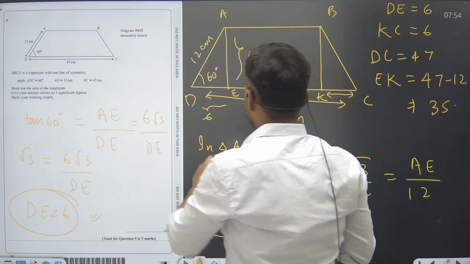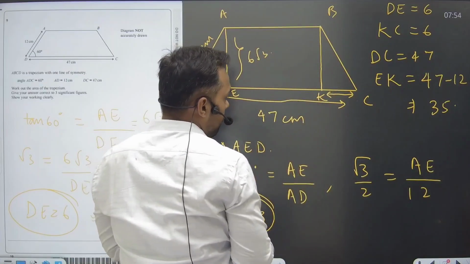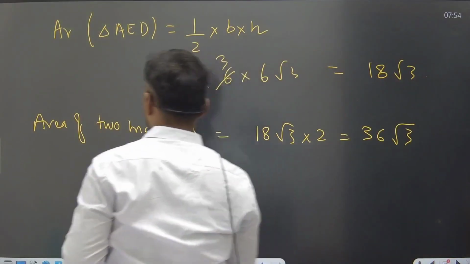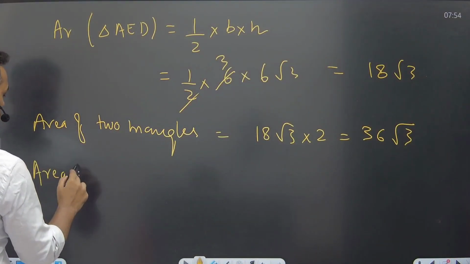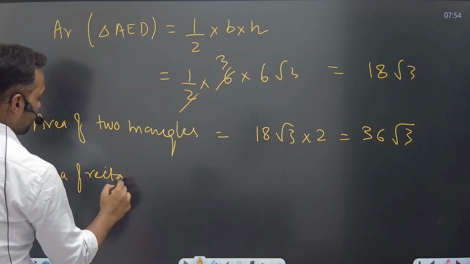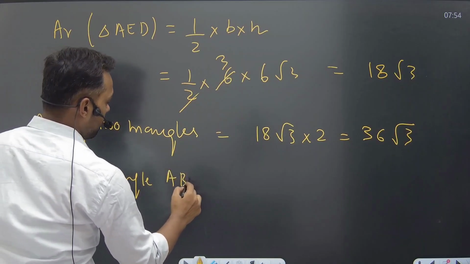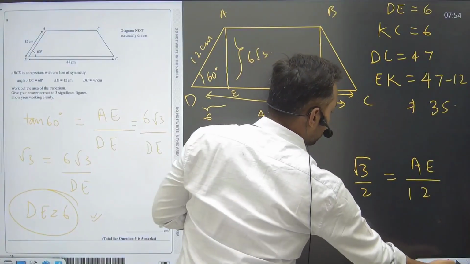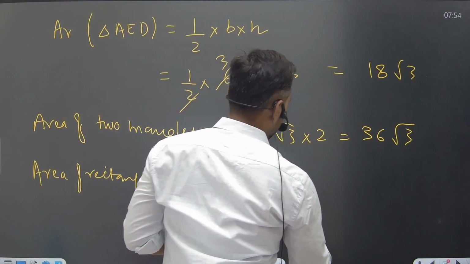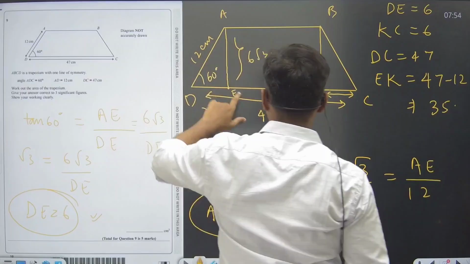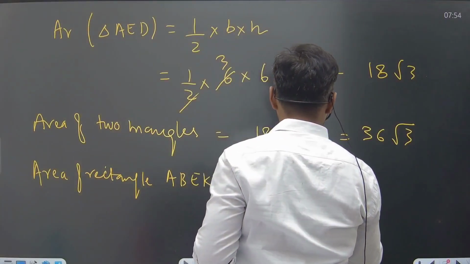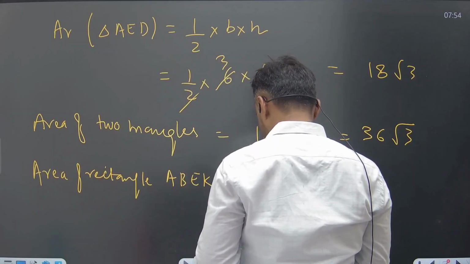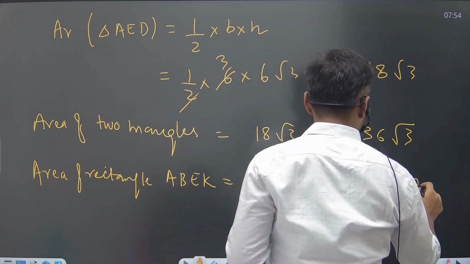Okay, we have got the value of EK as 35. So the area of rectangle ABEK will be equal to length into breadth. So length we have got 35 and breadth we have got as 6 root 3, so it will be 35 cross 6, that is equal to 210 root 3.